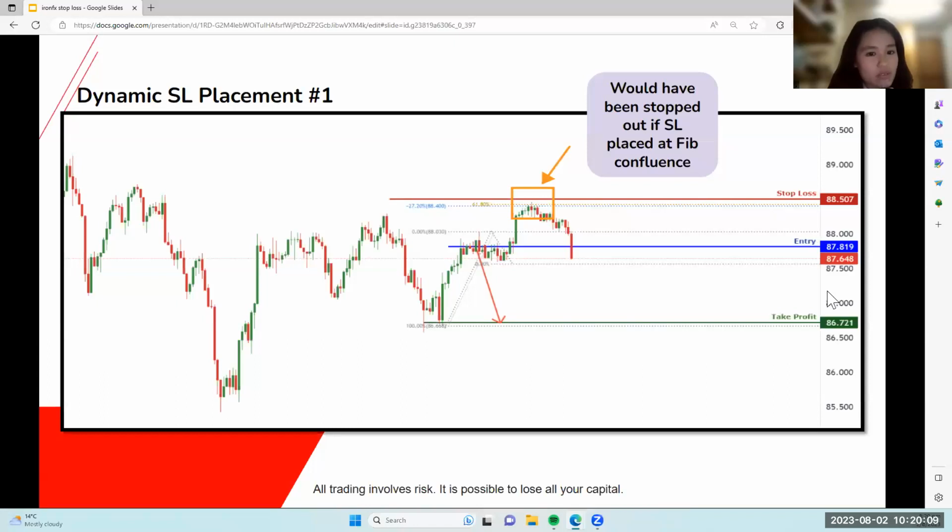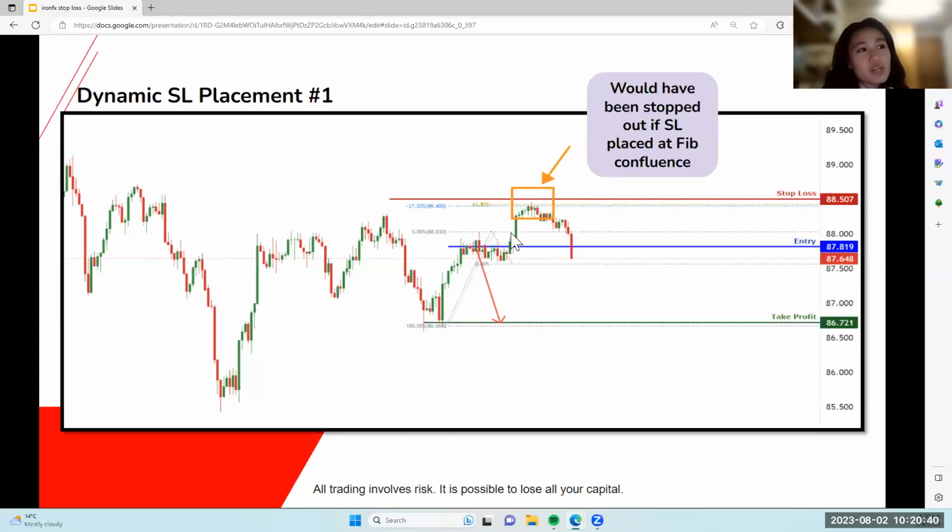So this is a zoomed out version of what we had in the previous slide, but you can see price breaks out of our entry and it hits right towards our stop loss levels. It's just as we had expected, because, as we mentioned earlier, this area is an important area with the Fibonacci confluence as well as the swing high resistance. So this whole area is a strong area, and price is attracted to such strong areas of resistance.